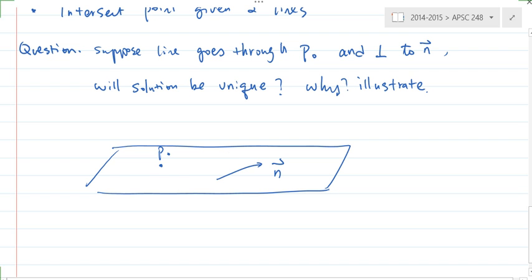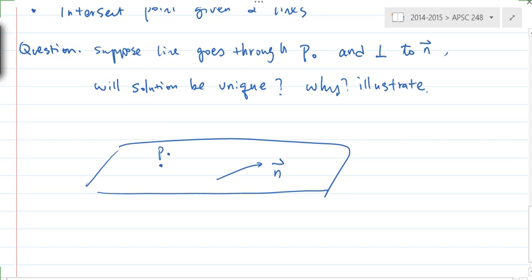However, it's a different story if you're given a line and a point: you will have a unique solution, right? But even just based on my condition here, how do I construct a line? I can construct a line like this, which is perpendicular to the plane. So that line will go through the P naught and be parallel to this n here, right?